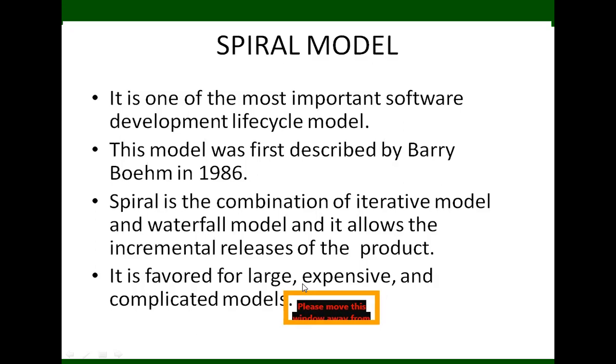In the incremental model also, if a risk occurs in a previous increment, risk analysis is difficult. So here in the spiral model, we are using some backtracking from one activity to another activity.